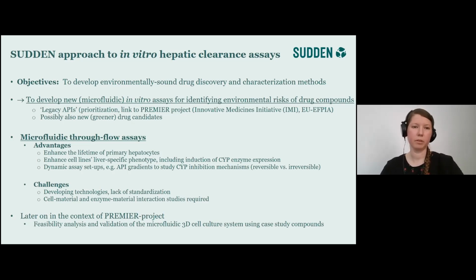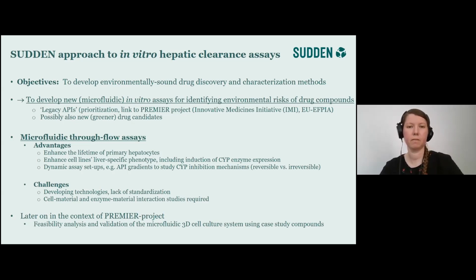For example, the lifetime of primary hepatocytes might be enhanced with flow, and also the CYP enzyme expression might be induced with the flow. But in addition, we can design really dynamic assay setups and study in more detail, for example, the CYP inhibition mechanisms, whether the compound is a reversible or irreversible inhibitor, and make gradients and such.